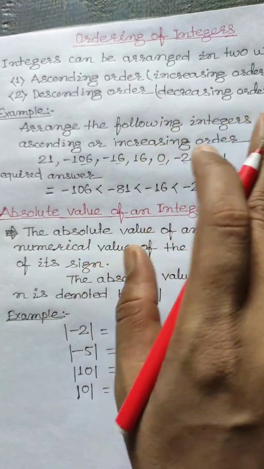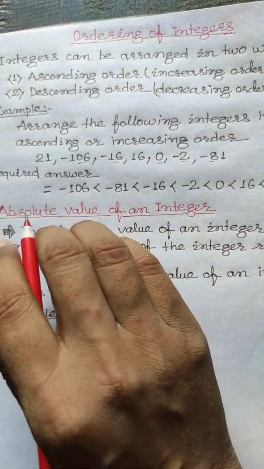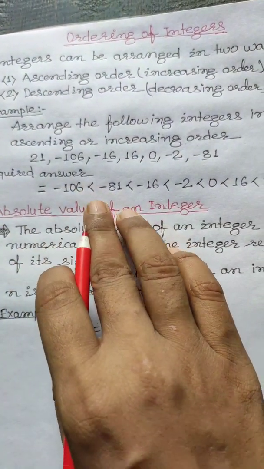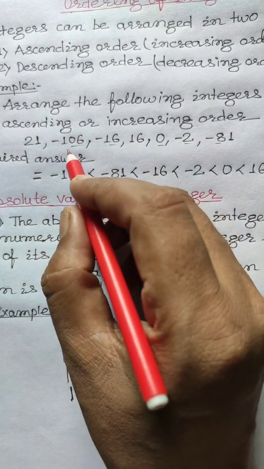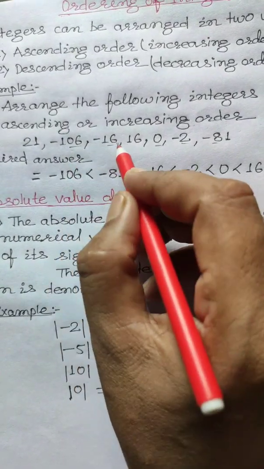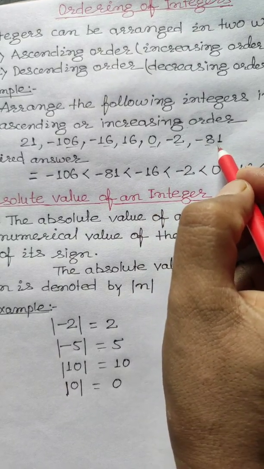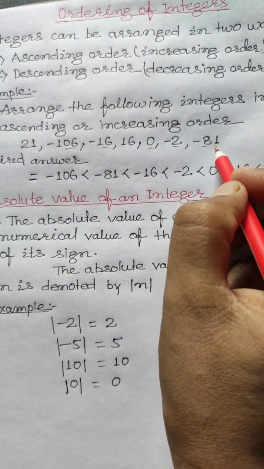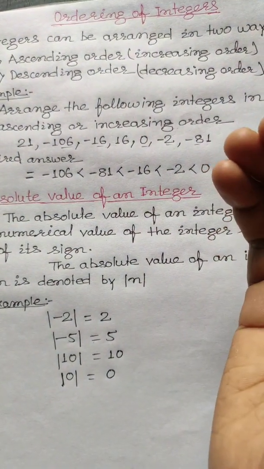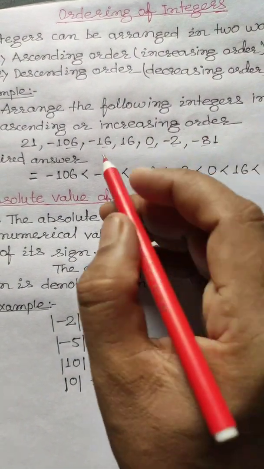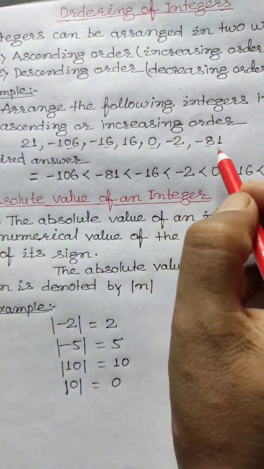and all positive integers. So first we will find how many negative integers there are here. So here: minus 106, minus 16, minus 2 and minus 81.